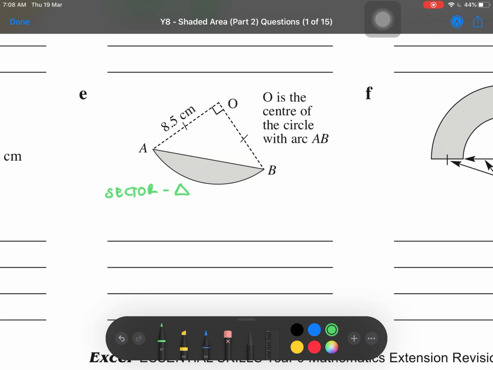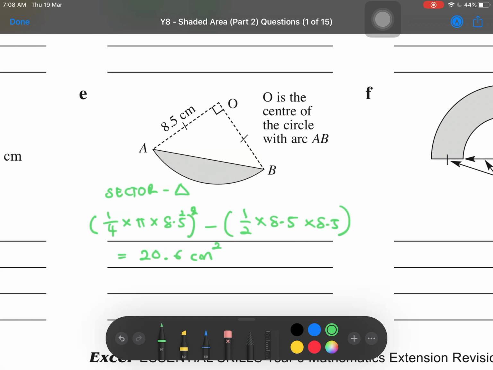So the working for the sector is a quarter times pi times r squared, and then you minus this with the triangle area, which is half times base times height, and this will give us 20.6 cm squared.